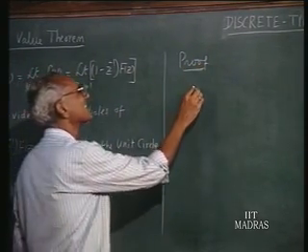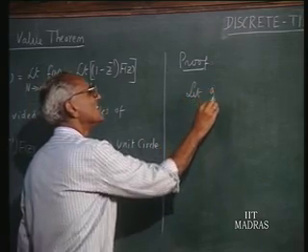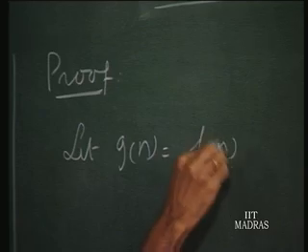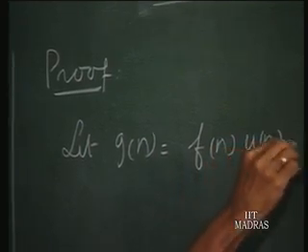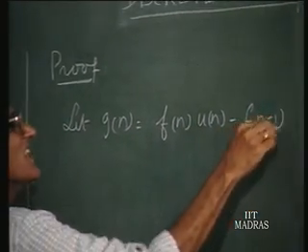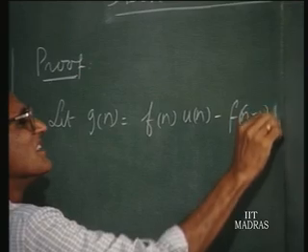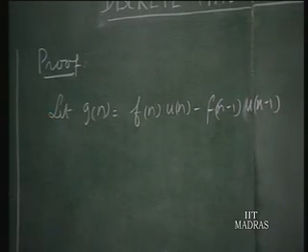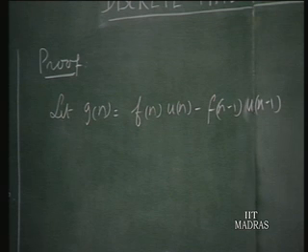Suppose I form a new function g[n], which is f[n]u[n] minus f[n-1]u[n-1].